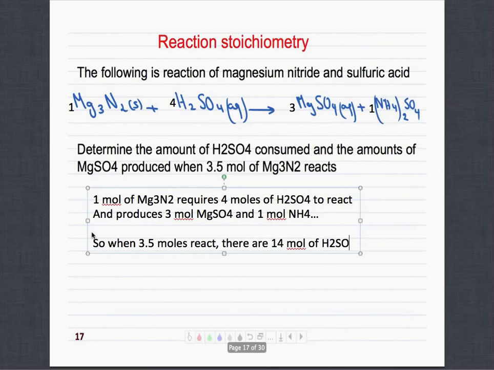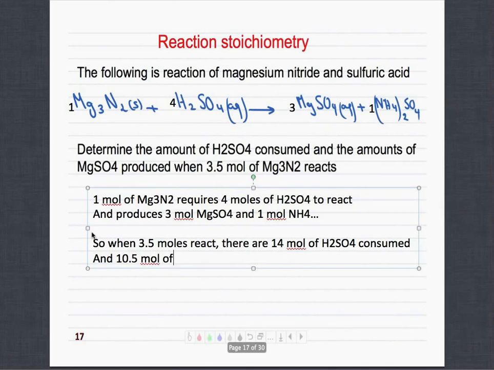So definitely I have to take the stoichiometric coefficient into consideration. 3.5 moles of magnesium nitride reacting doesn't equal the number of moles of H2SO4 reacted, because this equation is telling me for each 1 mole of magnesium nitride, I need 4 of those.